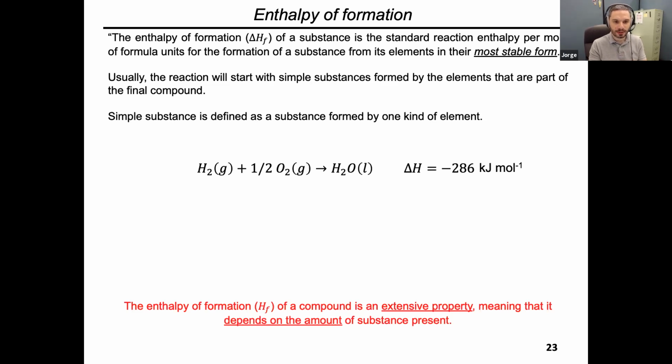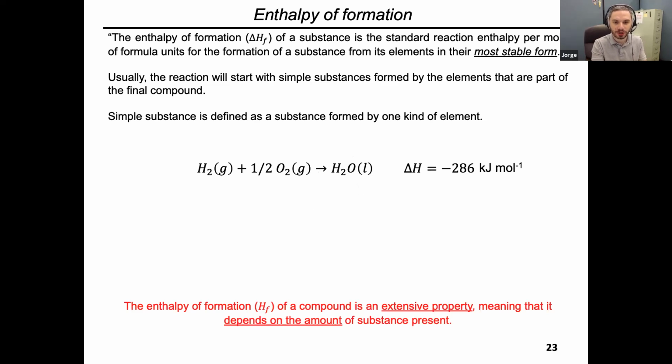Here, a simple substance is defined as a substance formed by one kind of element. The first example I want to show you is the formation of the water molecule. The water molecule is composed of hydrogen and oxygen.